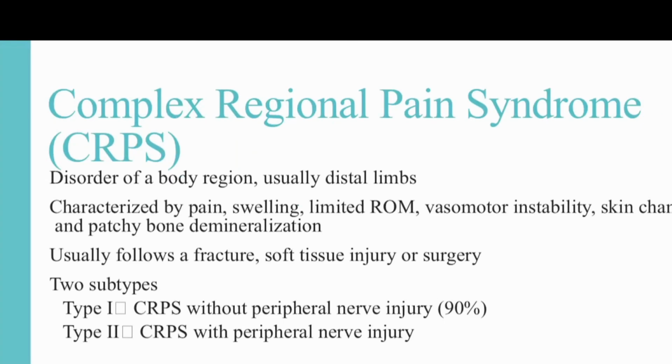The next one is complex regional pain syndrome, CRPS. This is a disorder of the body region, usually the distal limbs. So it's a limb problem, not a specific muscle or whatever, the whole limb. Pain is the biggest thing. It's called pain out of proportion.